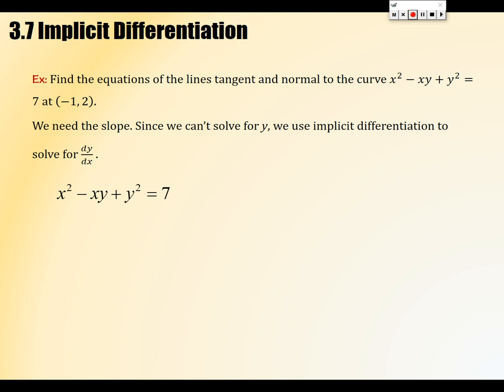Differentiating 7 with respect to x. That's easy. But what about the xy and the y squared? Y squared, that's not bad. I think we already did that today too. The derivative of y squared is 2y times dy dx. That we got. What about this xy in the middle? How do we deal with that? We haven't seen that today.